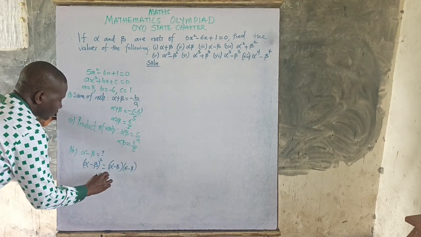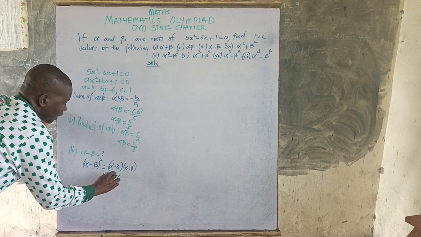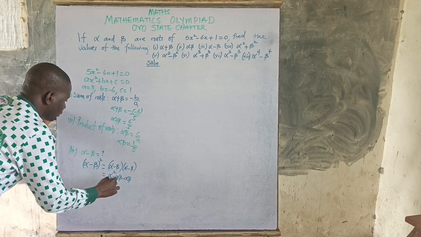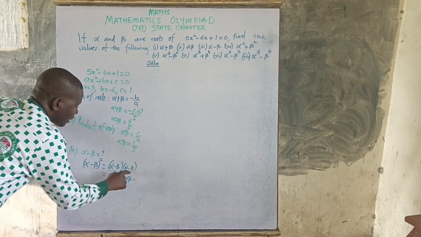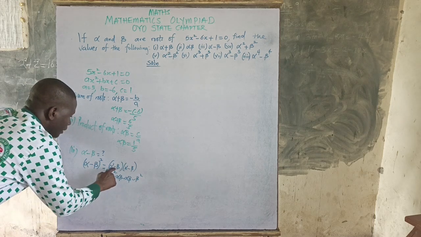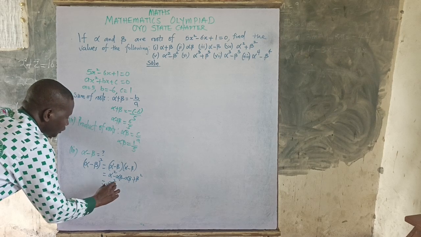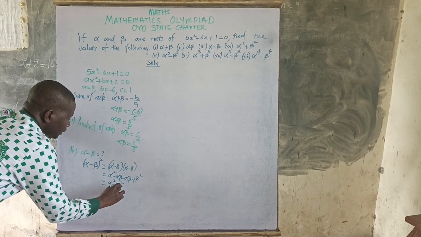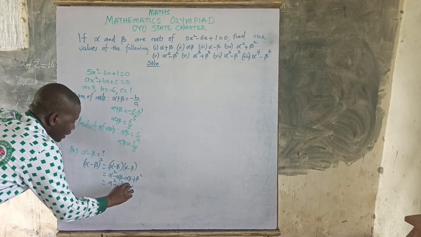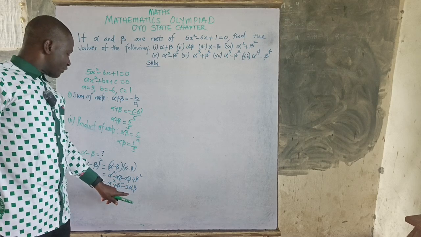When you multiply, you have alpha squared, alpha by beta will be minus alpha beta, beta by alpha will be minus alpha beta, then minus beta by minus beta will be plus beta squared, since minus times minus gives plus. Then we have alpha squared plus beta squared, then minus 2 alpha beta.